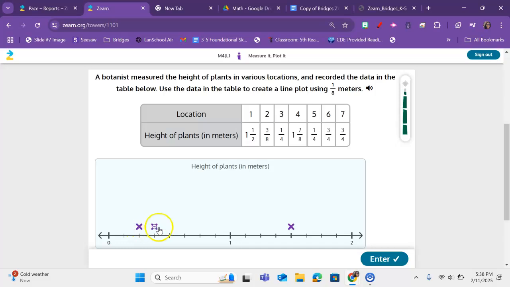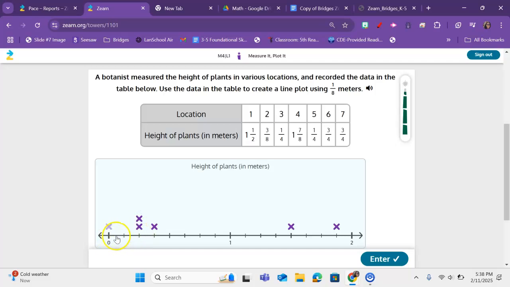Okay, now I'm going to look at the next one, which is 1 and 7/8. So I'm at 1, 1, 2, 3, 4, 5, 6, 7. There you go. And then 1/4 again. It's the same one. And then 3/4. So keep in mind, every 2 lines will be a fourth.